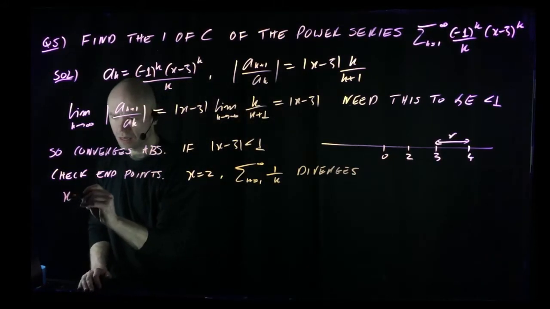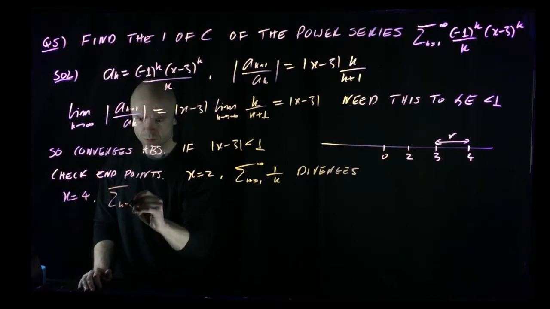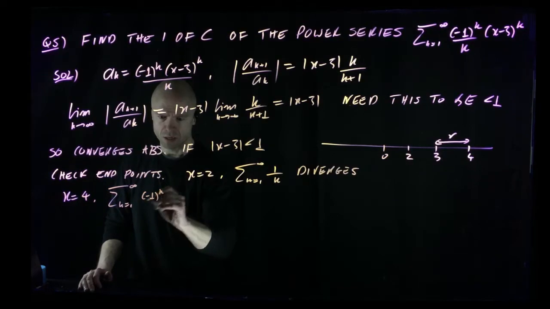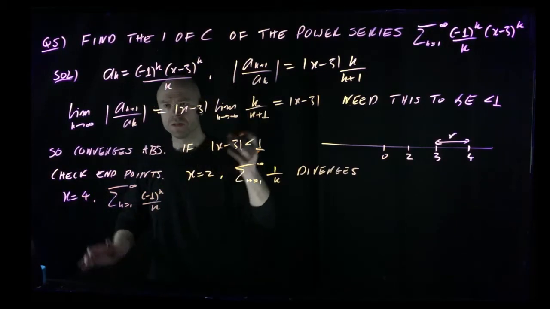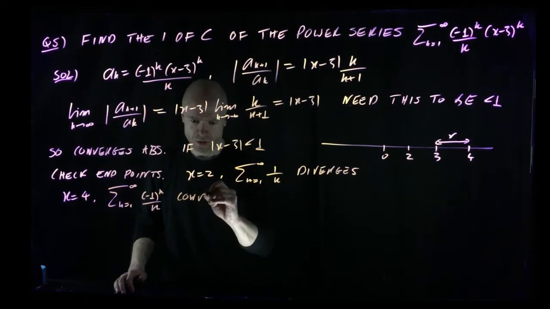And if x is equal to 4, then we have the sum from k equals 1 to infinity of (-1)^k over k, which by the alternating series test definitely converges.